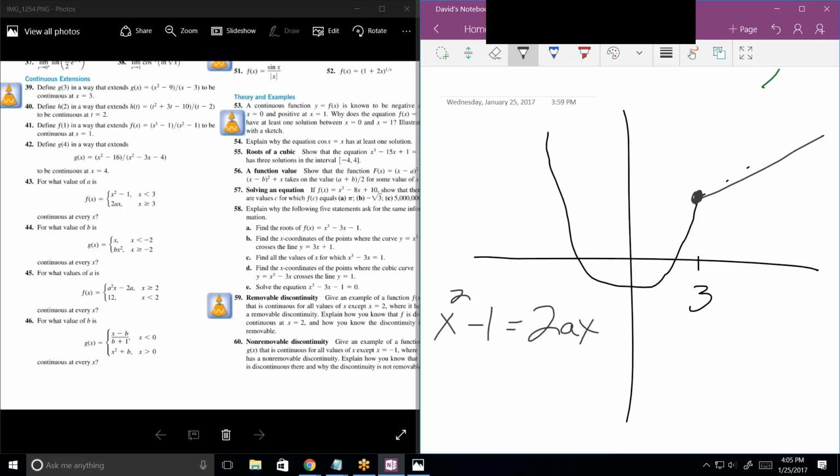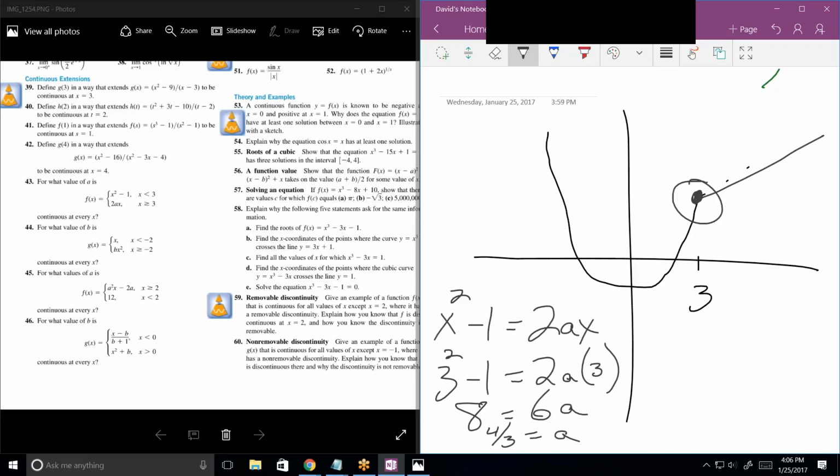So all I have to do is plug in 3 for x, and I get 3 squared minus 1 equals 2a times 3, and that gives me 8 equals 6a, a equals 4/3. So if a equals 4/3, then these 2 points will coincide when x equals 3. That's what we need, is for them to be in the same spot. Okay.